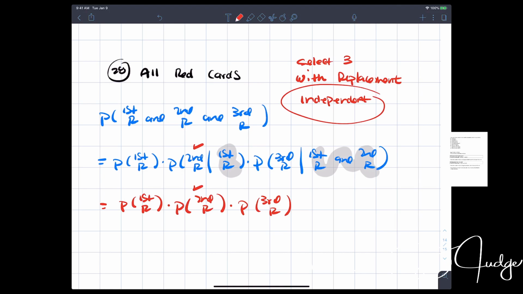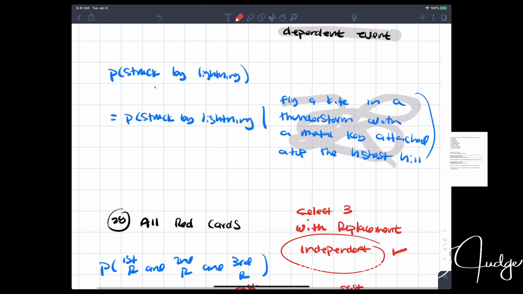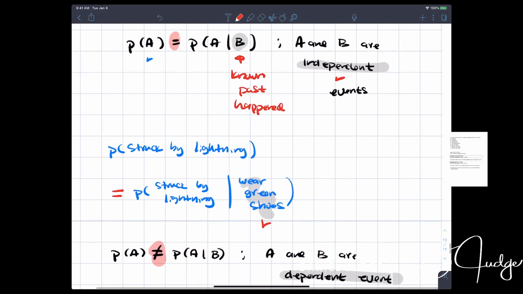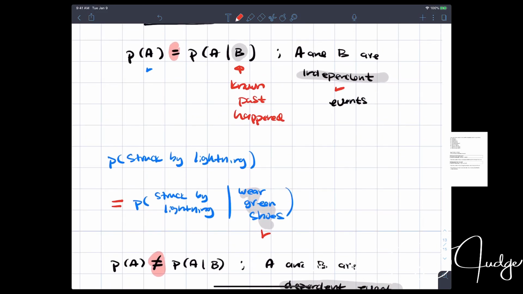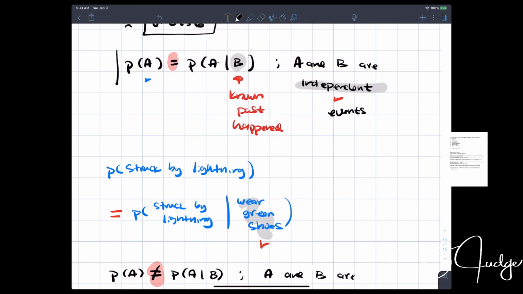I don't care about the past. This does not matter. The probability the third is red given the past, who cares? Our past doesn't matter, because these events, again, are independent. Go back to that definition. Independent means the probability over here is equal. Okay? This is what we're using.